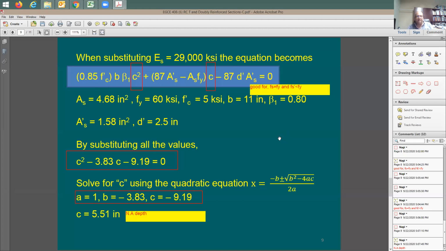The good thing about this, if you put A's prime equal to 0, it's going to be like the regular flexure problem when you have a rectangular section. This is going to help you a lot when you do your homework and your project. And you have here a good example so you can back-check all your numbers.